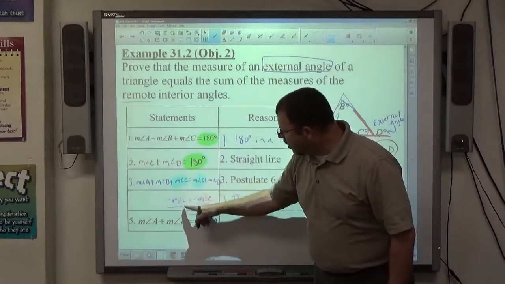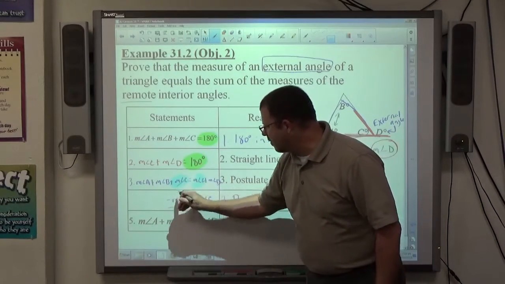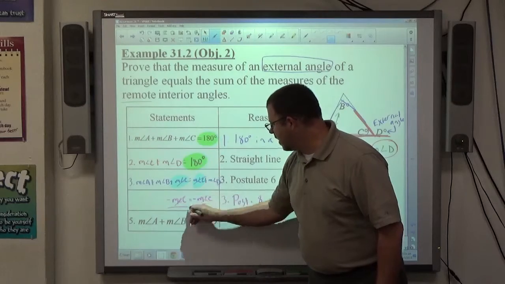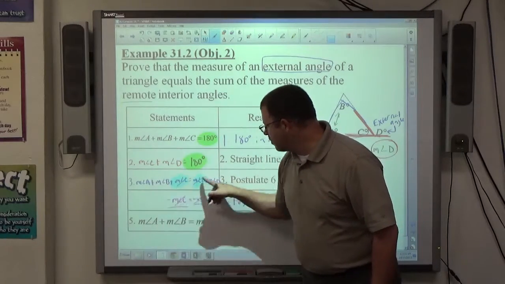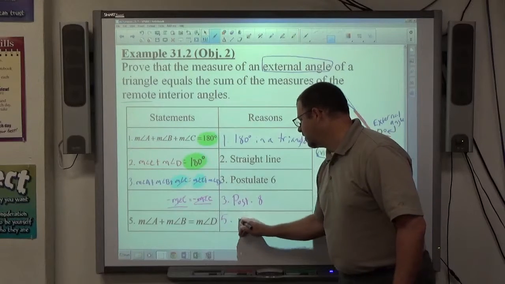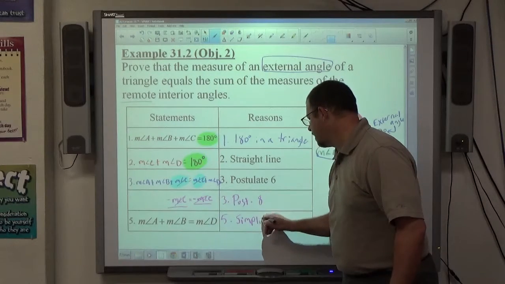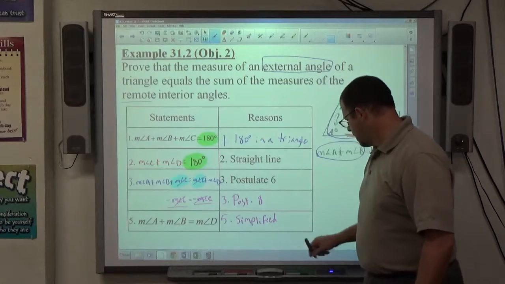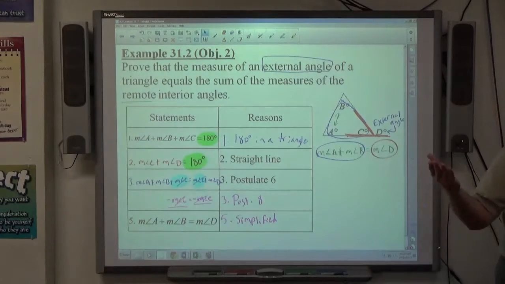If I do this, C minus C cancels, C minus C cancels. I'm left with A plus B equals D, which we're trying to prove. And the reason for that is simply simplification. If you do any kind of algebraic simplification, angle C minus angle C cancels, then simplified would be the reason for that.